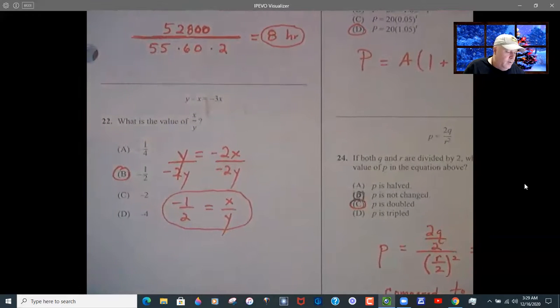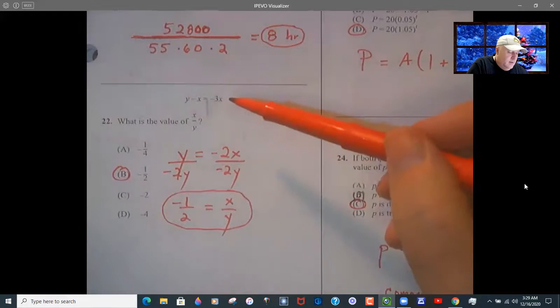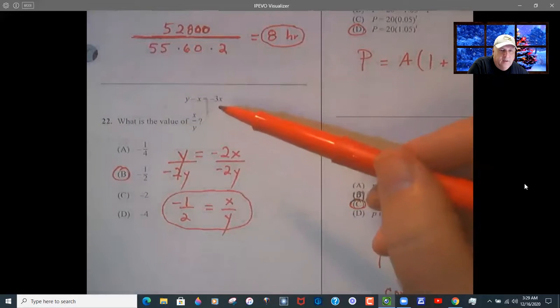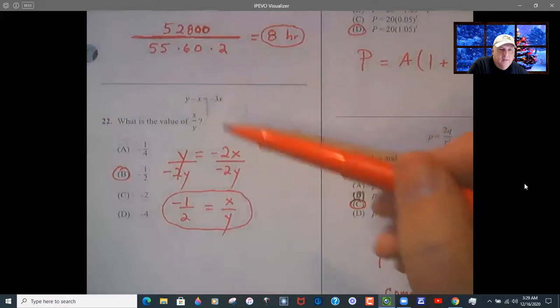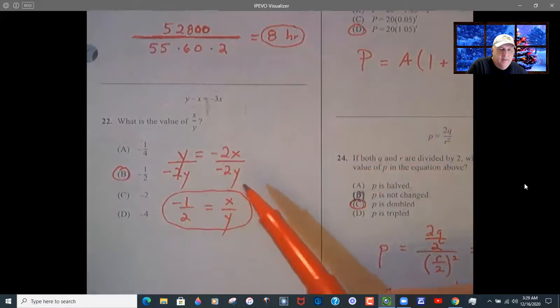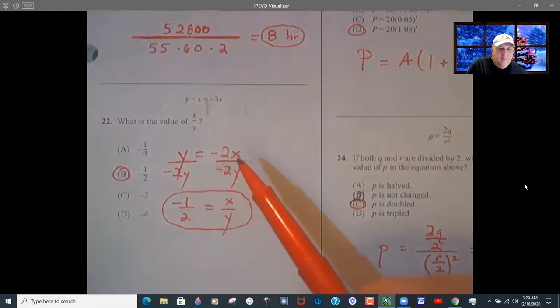What is the value of x over y? So you have to solve for both x and y, or be clever enough to create it. So what I did is I gathered all the x's on one side, so I added x, so y is negative 2x, and then I divided both sides by something to create an x over y on the right side.